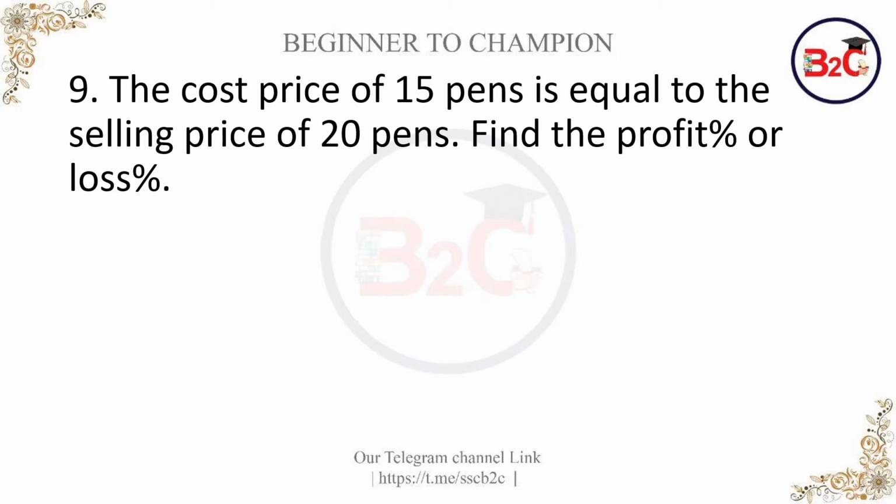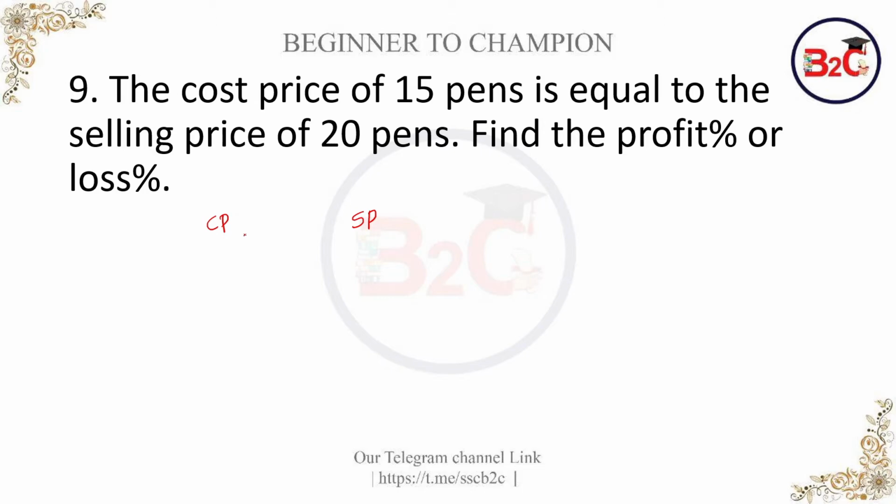The cost price of 15 pens is equal to the selling price of 20 pens. Find the profit percent or loss percent. So we are given that the cost price of 15 pens is equal to the selling price of 20 pens. So let the cost price of 1 pen be CP and the selling price of 1 pen be SP.